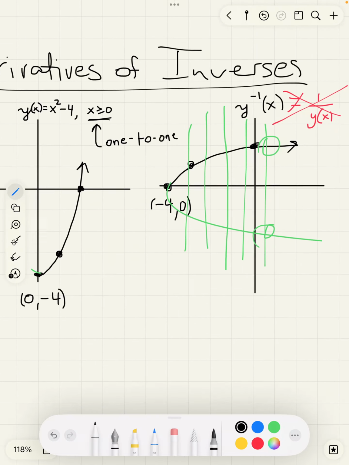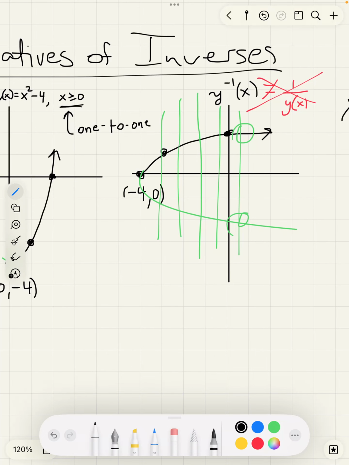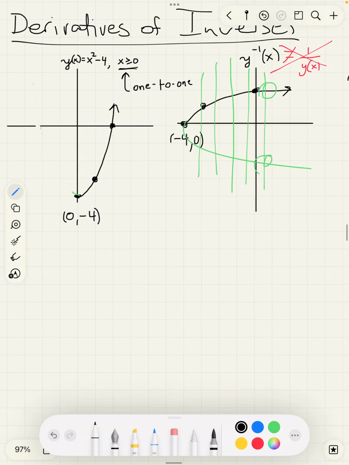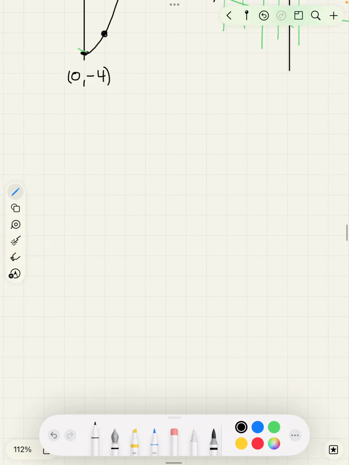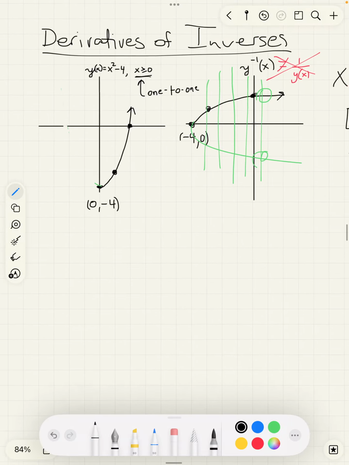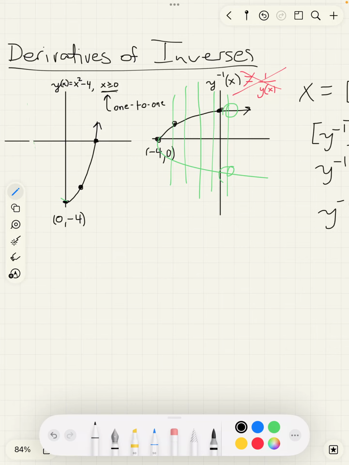Well, x value for every y. So now that we've gotten a little bit of algebra review, let's talk a little bit about these derivatives.